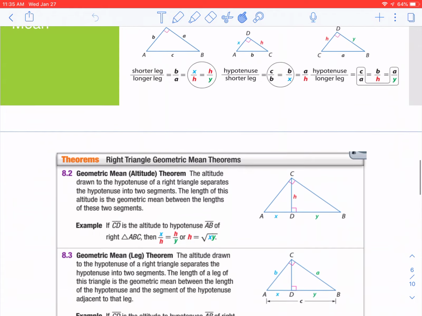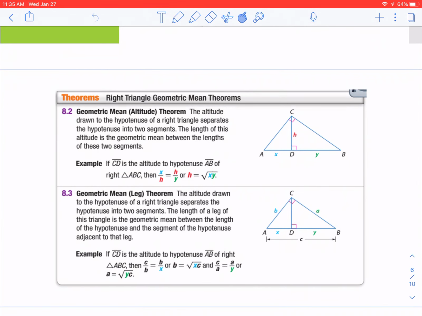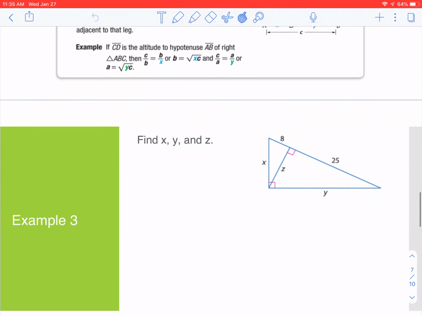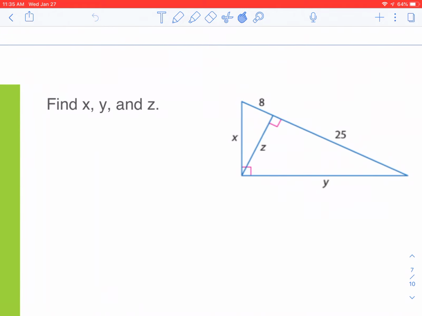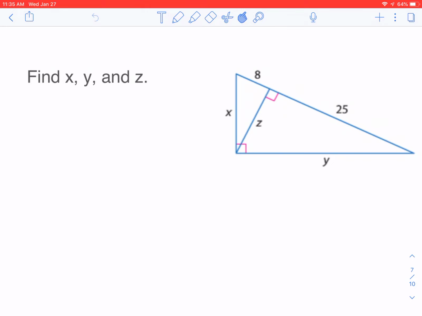Well, we're going to set up a bunch of proportions here, but what I'm really going to do is teach you a shortcut way to do this. You're going to be given a triangle, usually with 3 missing values. Let me back up. I'm going to see 3 triangles here.